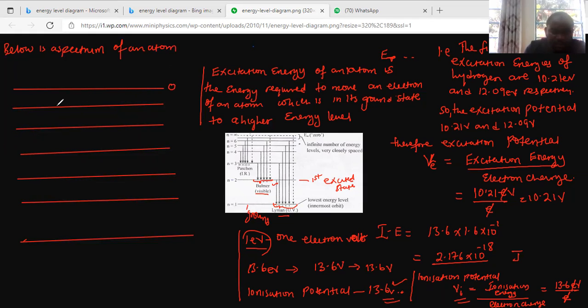So this is 0. Why? We are at infinity. So energy at infinity is 0.